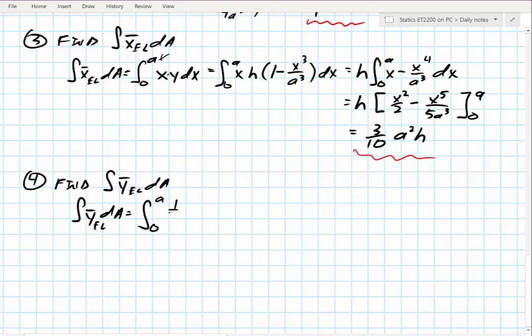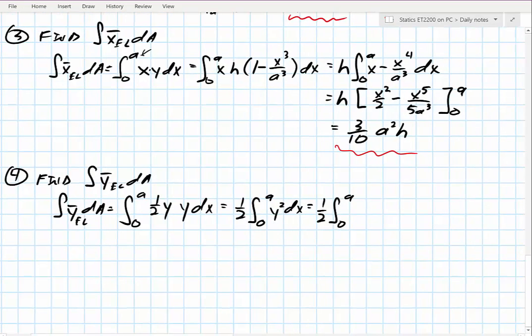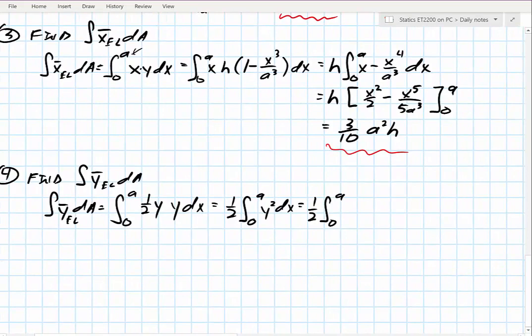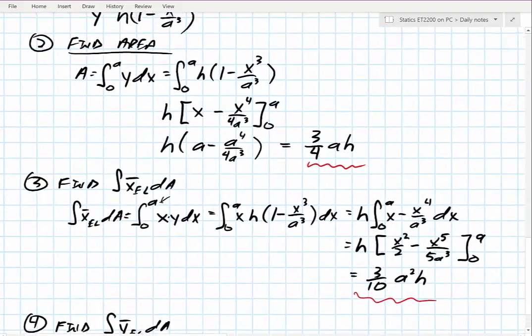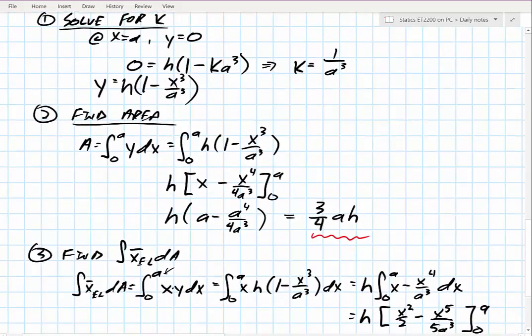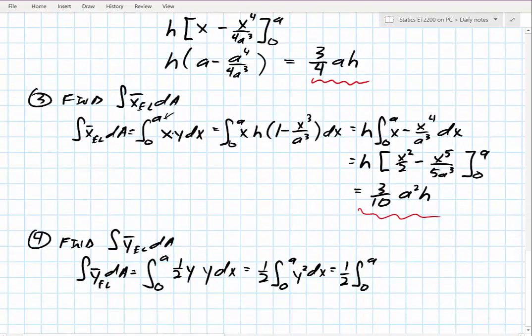So I have 1/2 y times dA, and dA is y times dx. Or I can bring out the 1/2, from 0 to a, y squared dx. Now I'm just plugging in that value, right? So what I end up with is this y value. Where's my y? My y is equal to h times 1 minus all that business, right?